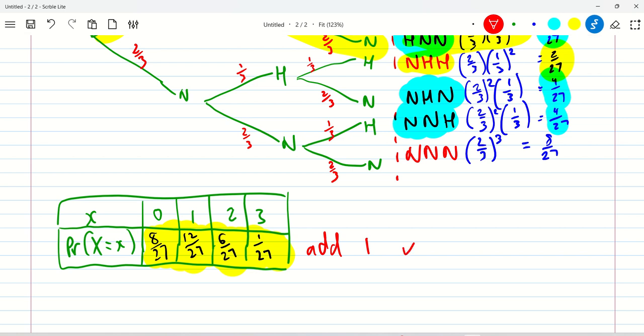So yep, it's a good check. I've done all my maths correctly. That's all fine. And that's always the case. Those probabilities must add up to 1. That's one of our properties of a distribution table. Also, obviously, probabilities must be between 0 and 1. So that's the other thing that we need to make sure that a probability distribution table always has.